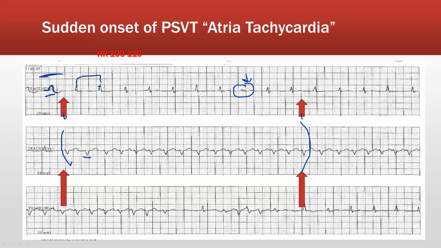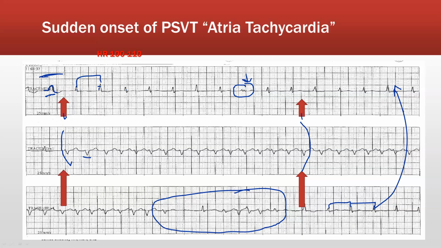Now, your heart, again, is kind of awesome. It knows it's not supposed to be doing that. So what happens here is it sort of self-corrects. And what you will see when you look at your QRS complex, it's kind of back to where we started from. Remember, your heart wants to beat in a rhythmic pattern.